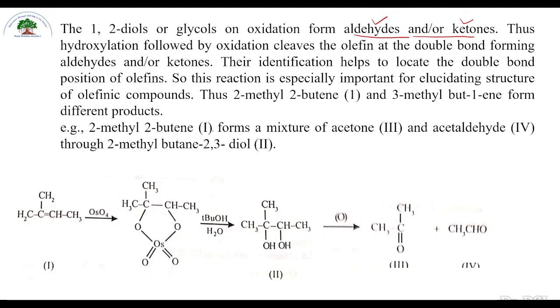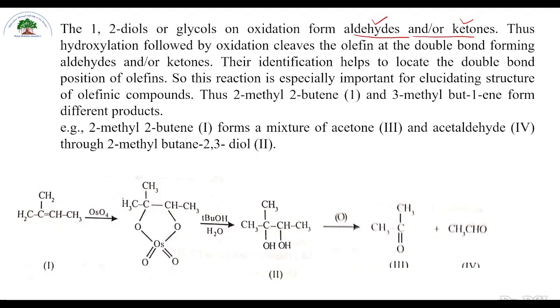If both the alkyl groups are attached on the two sides of the compound, then we get two ketones. If only one alkyl group is attached, then two aldehydes. And if mixed, then we get a mixture of aldehyde and ketone.